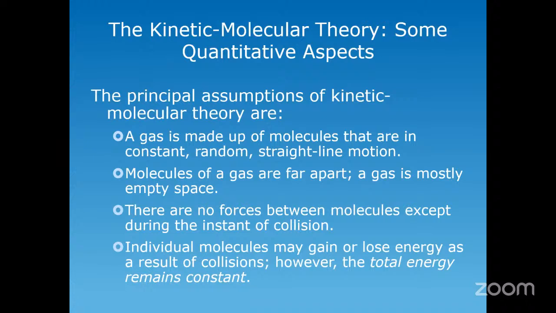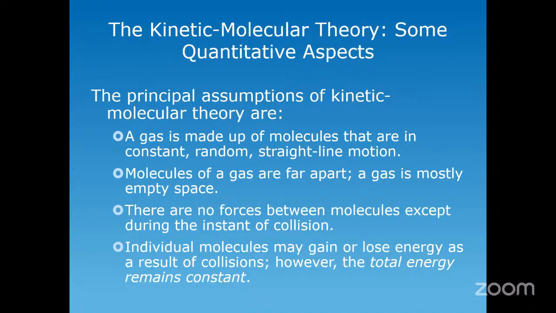The third point, which is very important as it relates to ideal gases, is that there are no intermolecular forces that exist between the particles, right? So basically, the particles are moving around pretty much randomly, independent of each other. And then in the fourth assumption, the molecules may gain or lose energy as a result of collisions. However, the total amount of energy is constant.